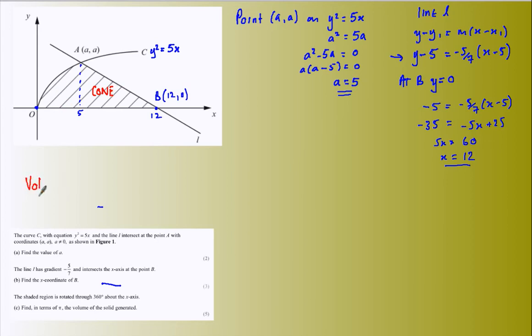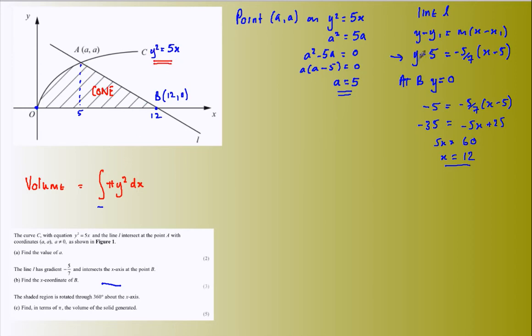Now, a volume of revolution I can get by integration, and it's always the integral of pi y squared dx. Now that's going to be easy for this one because I've got my y squared.